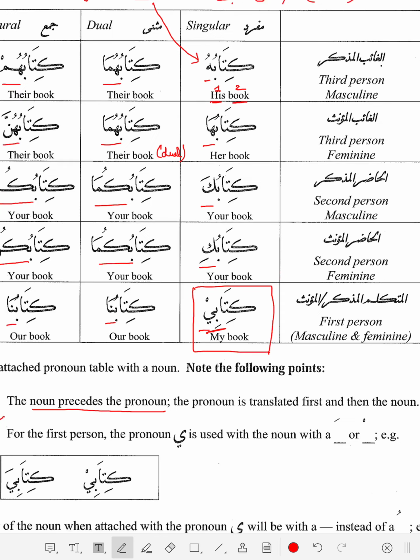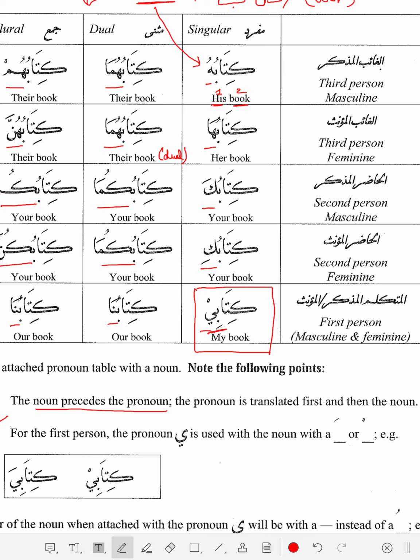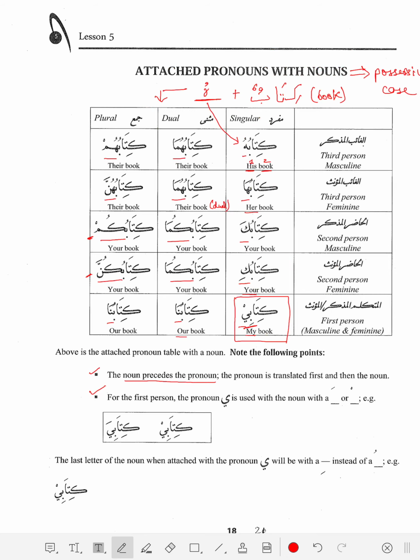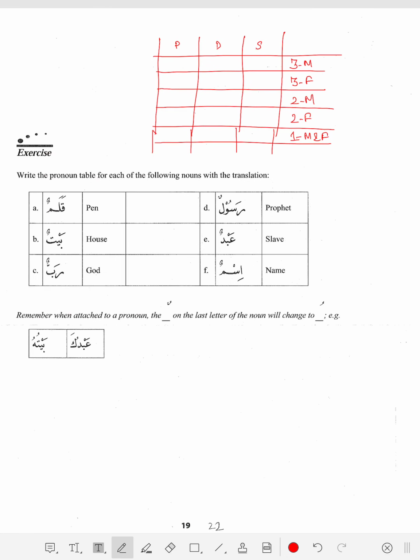And again, if you analyze all these things, they are cases of possession. So it's either my book or kitabuna, our book, or your book or her book or his book or their book. It's a case of possession. The pronoun is possessing something. This is what's been given here.